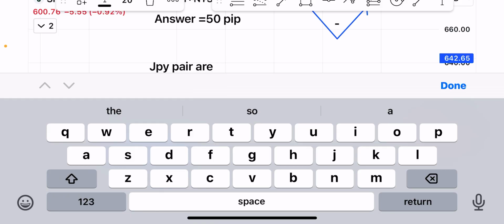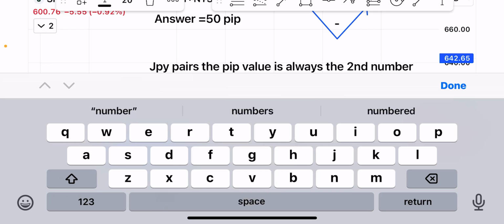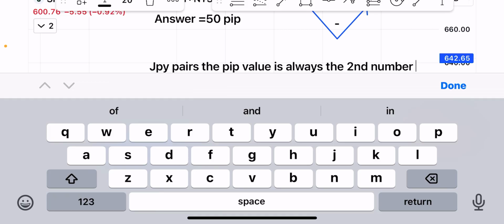JPY pairs, let me make it simpler. The pip value is always the second number after the decimal.